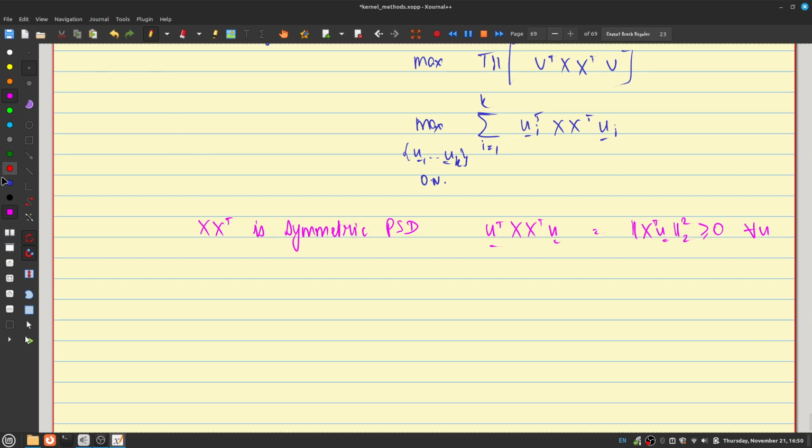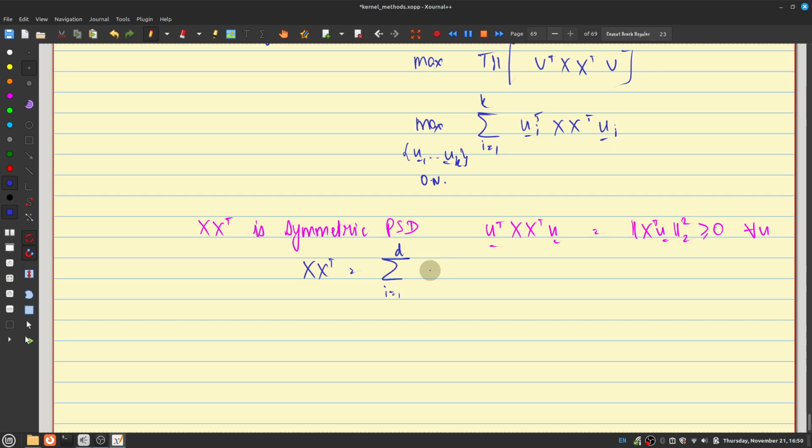Yep, correct. So in other words, you can write it in the following slightly more convenient form. What are the dimensions of XX transpose? It's going to be d cross d, so it should have d eigenvalues.